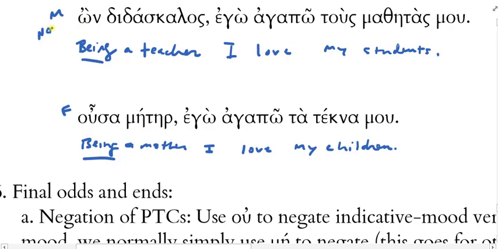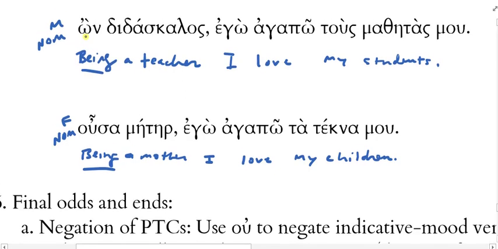Okay, now, what case is on over here? It is nominative. If you go back to your chart, you'll see on is the nominative masculine singular. What case is ousa? It is also nominative. Now, why is on nominative and masculine? Well, who is it that is being a teacher?